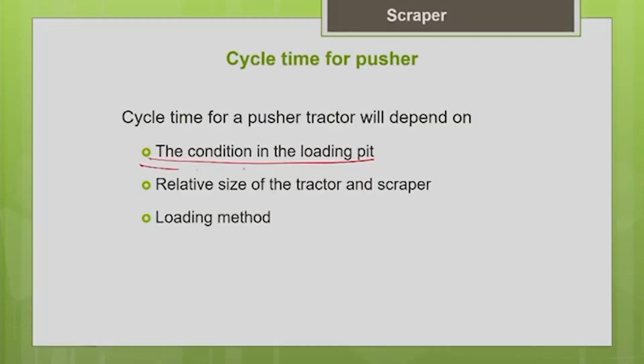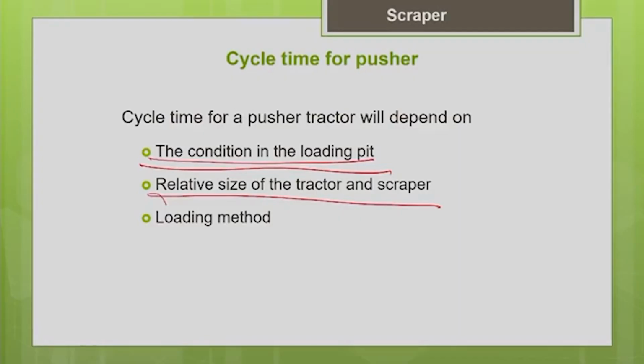So it depends upon the condition in the loading pit and the relative size of the tractor and the scraper. It's very important. So we have to select a pusher size compatible with the size of the scraper. For a bigger scraper, you need to choose an appropriately bigger pusher, so that you can reduce the cycle time. So the relative size of the tractor and the scraper also affects the cycle time of the pusher.